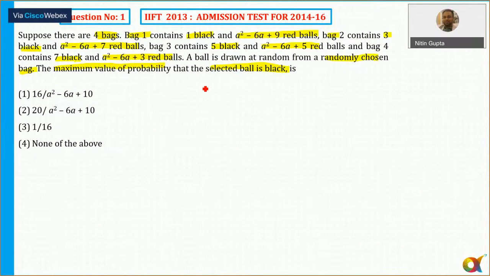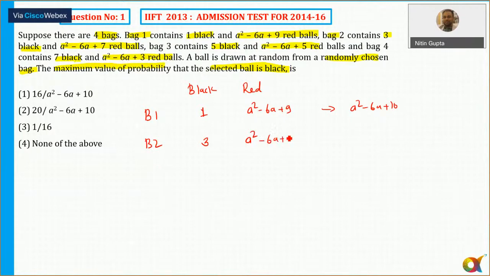If I consider there are two colored balls in bag one, so there is a total number of balls, and the number of black balls.